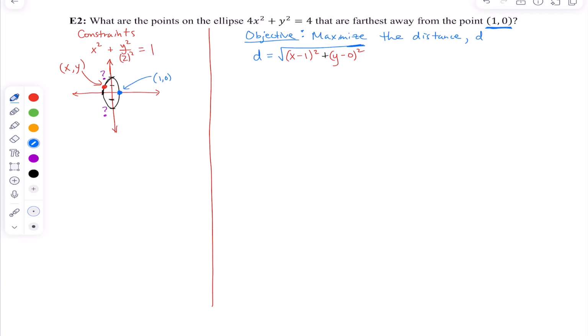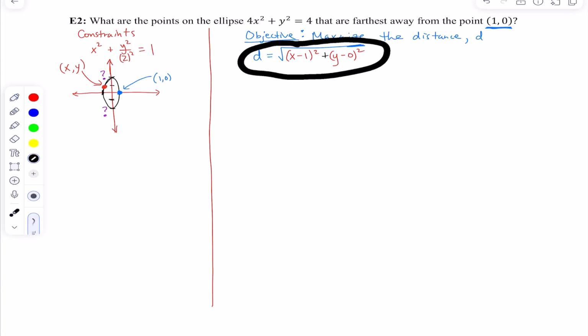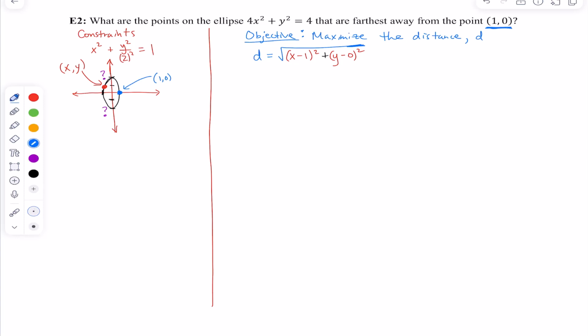Now the issue with this is that if you try to maximize this square root function, it will yield more than one critical number, and it could actually make things quite troublesome. So instead of looking at this, we're going to define a different function. We're going to consider capital D, and capital D is going to be this function here.